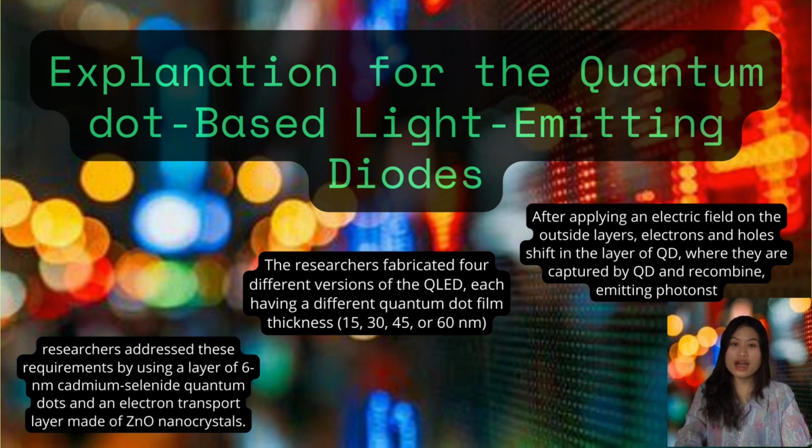The researchers fabricated 4 different versions of QLED, each having different quantum dot film thickness: 15, 30, 45, or 60 nanometers. After applying an electric field on the outside layers, electrons and holes shift into the layer of QDs, where they are captured by the QDs and recombine, emitting a photon.